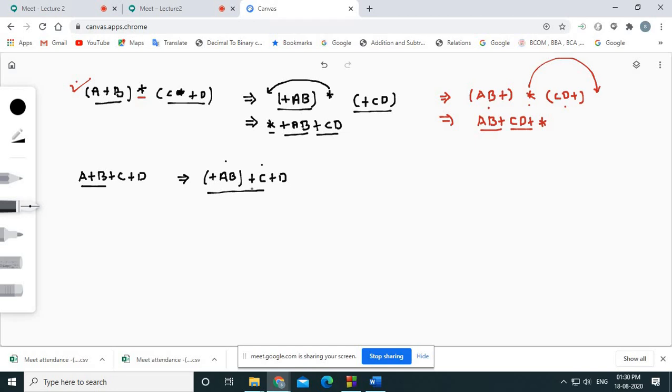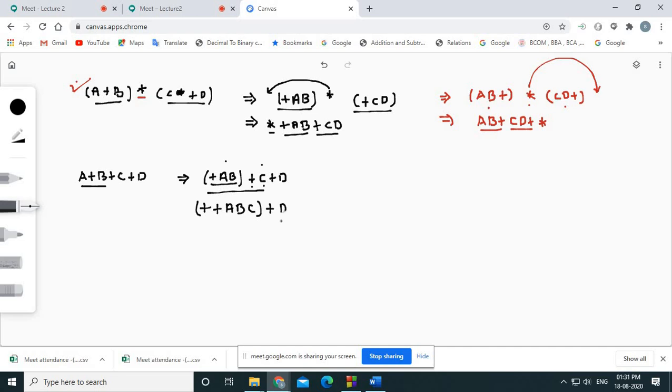In prefix you write the operator first, so I write plus, then my first operand, plus AB, then my second operand, C.